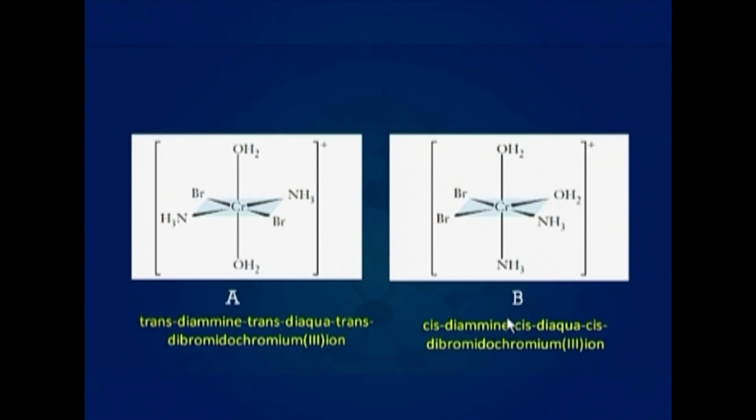And in the second form, the members of all the three pairs of like ligands are cis to each other. Hence, this form is named as cis diammine, cis diaqua, cis dibromido chromium(III) ion.